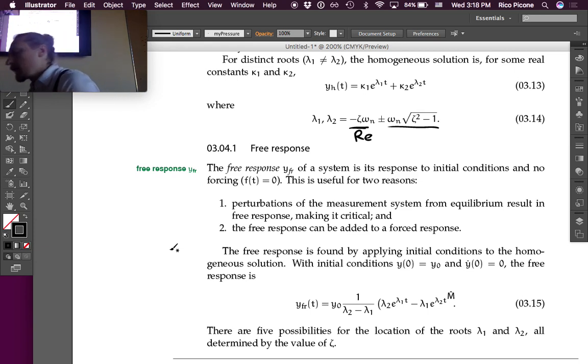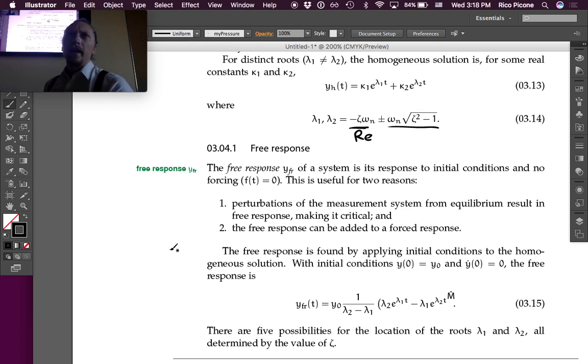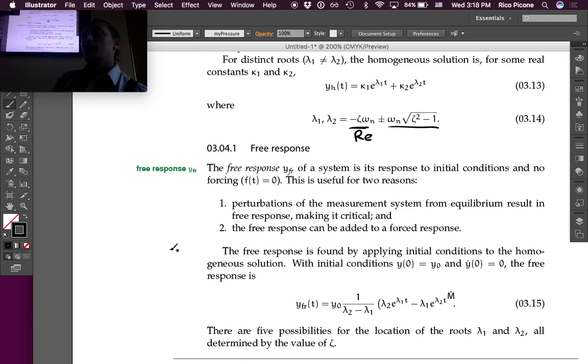So there is a principle that we'll talk about extensively in system dynamics and probably in mechatronics as well, that states that for linear systems, you can find the response of the system to initial conditions on one side, and then you can also find the response of that same system to some forcing function, some input, with 0 initial conditions.